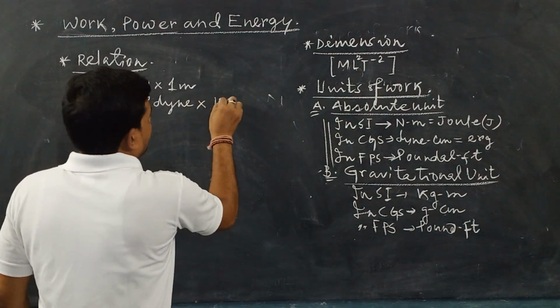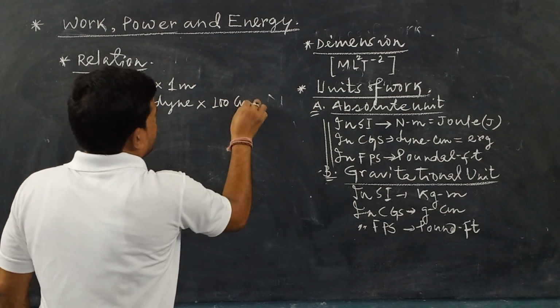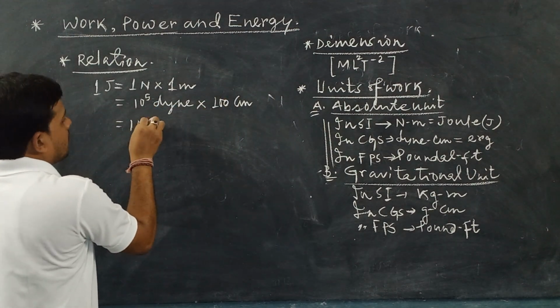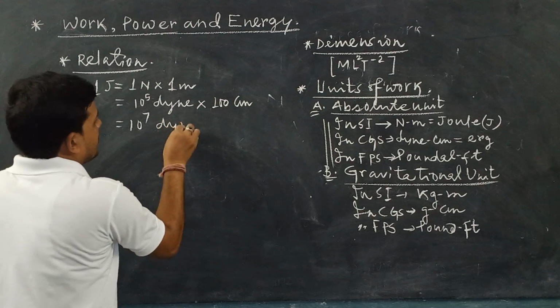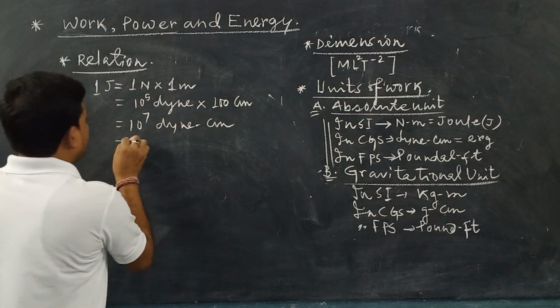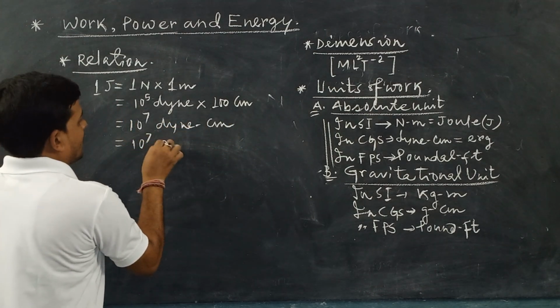And 1 meter equals 100 centimeter. So we can write this as 10 to the power 7 dyne centimeter, simply 10 to the power 7 erg.